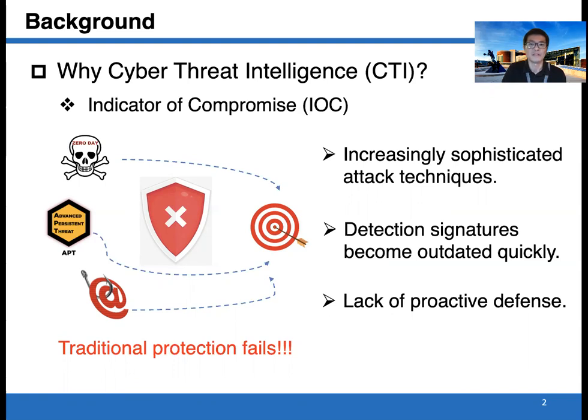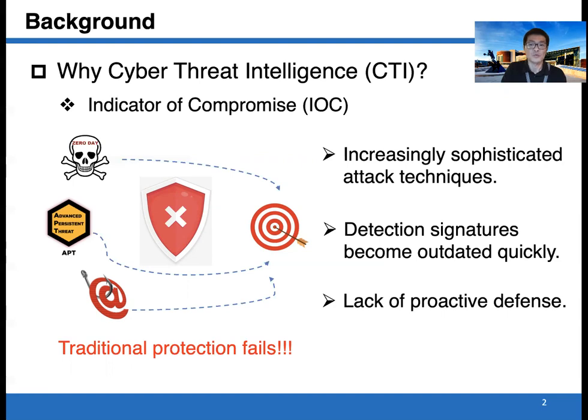CTI consists of the indicator of compromise, or IOC, such as IP addresses, file names, or hashes. CTI allows organizations to expand their visibilities into the faster-growing threat landscape, which enables early prevention of suspicious threats. Therefore, more and more organizations have adopted CTIs.